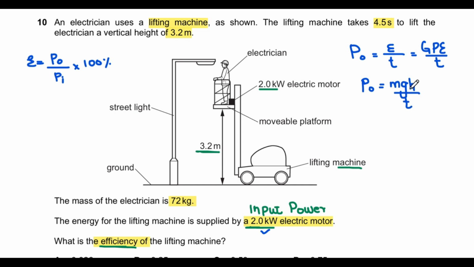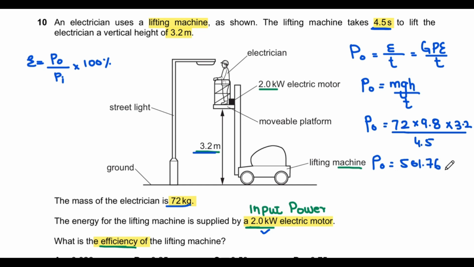Now I'll plug in the values and I'll get the power output. The mass of the person is 72. I'll plug 72 in place of mass. G is 9.8. The height to that the person lift is 3.2. And the time the machine take is given by the question, which is 4.5. Doing all the calculations, the power output would be 501.76 watt. Now I'll put it over here to get the efficiency.